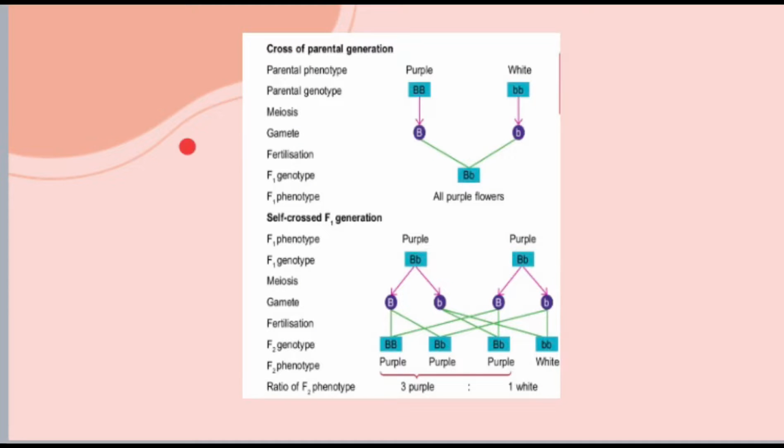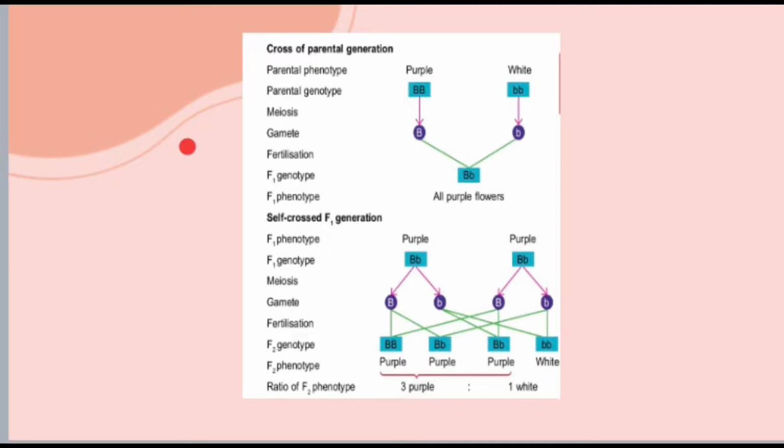The next slide is about the cross of the parental generation. It's like a table without lines. So for the parental phenotype, it's purple and white. For the parental genotype, it's both capital letter B and both small letter b. And meiosis happens, and the gametes are capital letter B and small letter b.